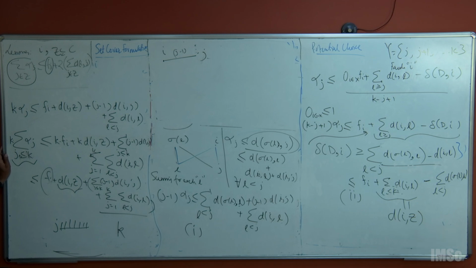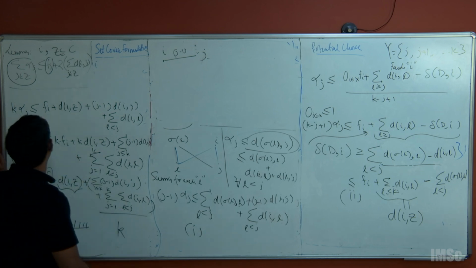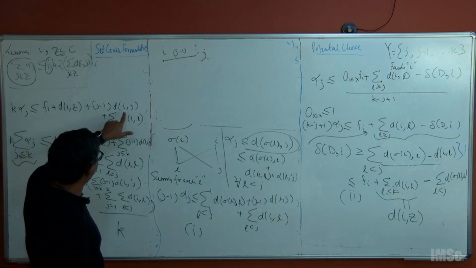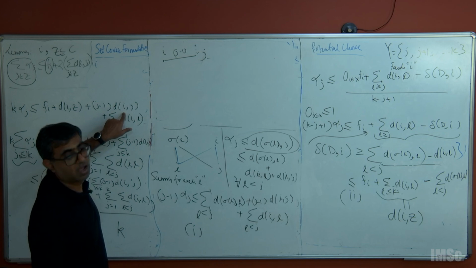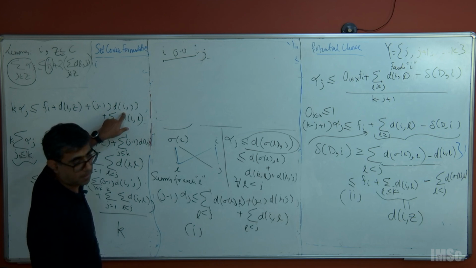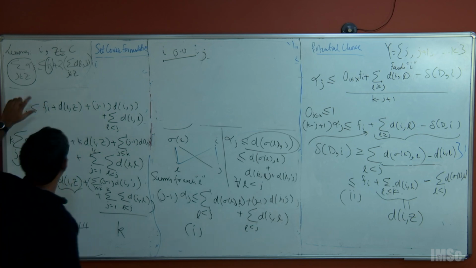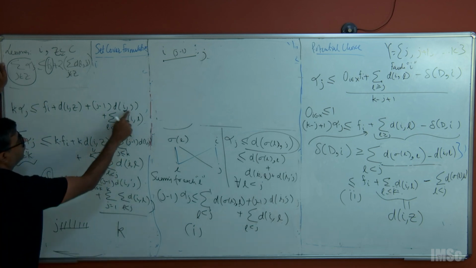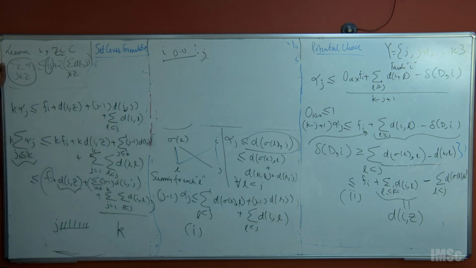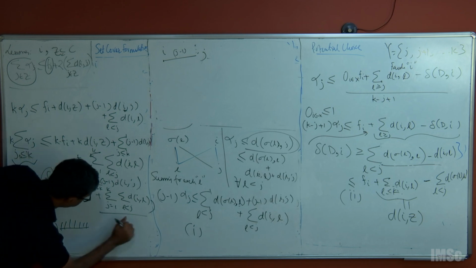No, wait. We have to be very careful. Here, what was I assigning to? The ith facility, right? Why was I assigning it to i? Because the jth client was assigned to the ith facility. Okay, all I am saying to you, look at this.